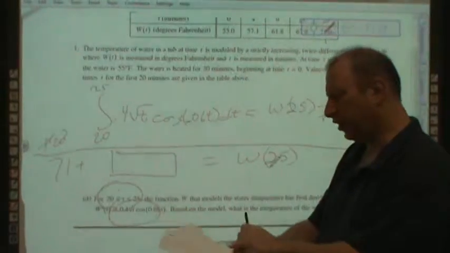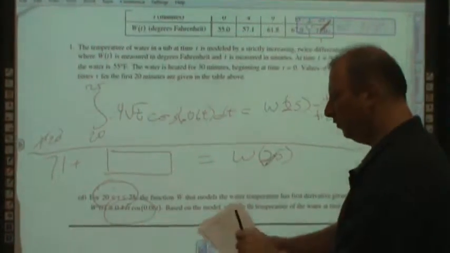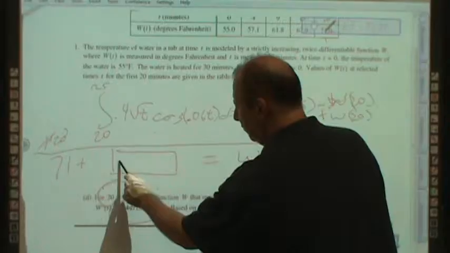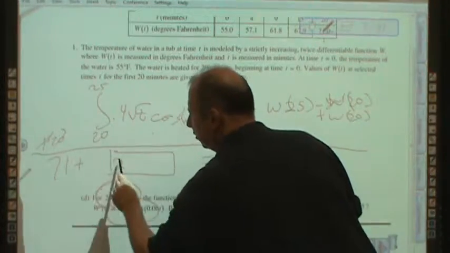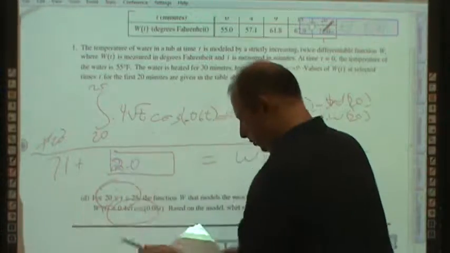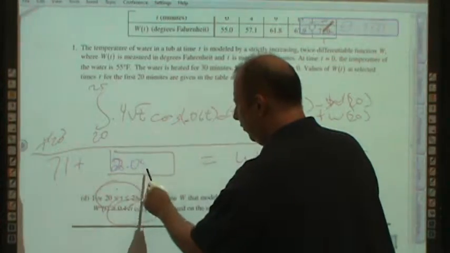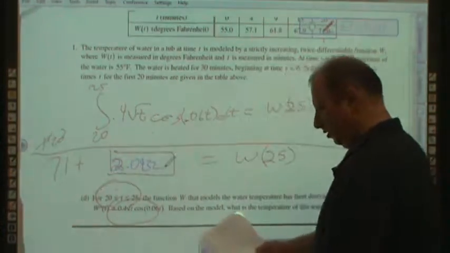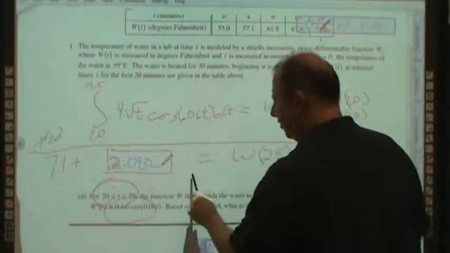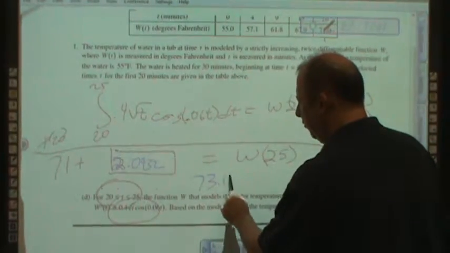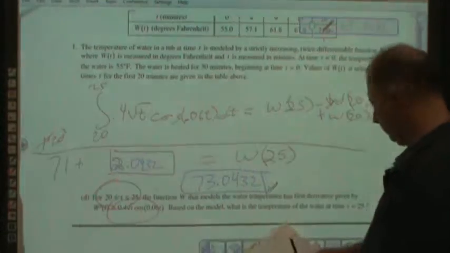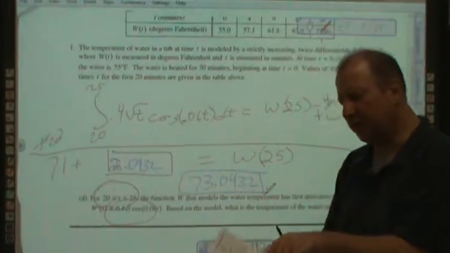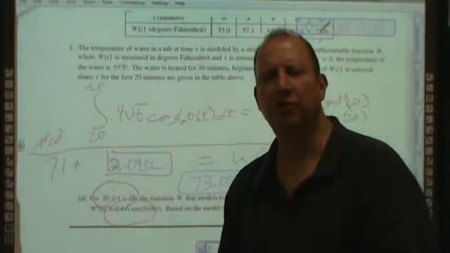Well, after we work it out, we find through the calculator that this number happens to be 2.0432. And when you add it together, your answer is 73.0432. And these are the 4 parts, A, B, C, and D, for question 1 on 2012.